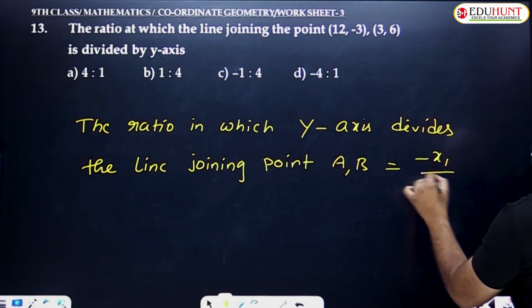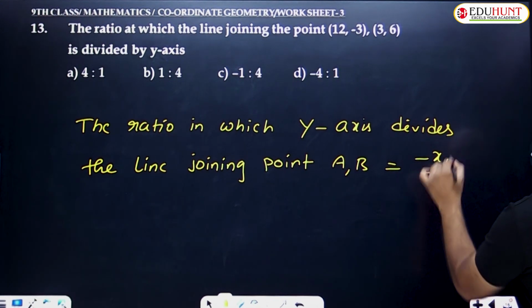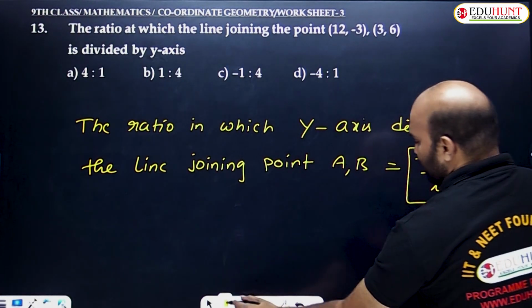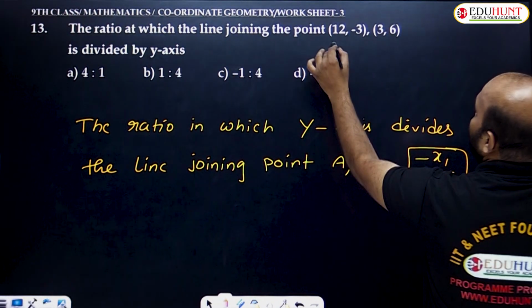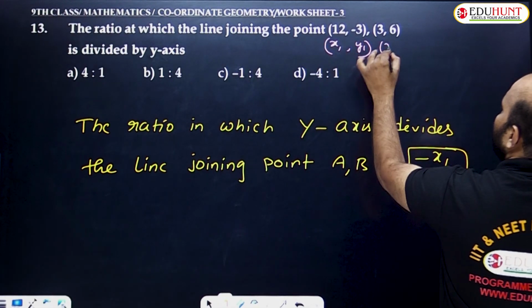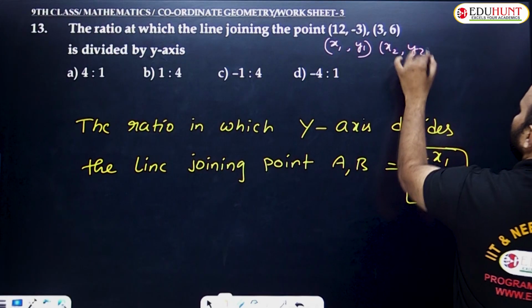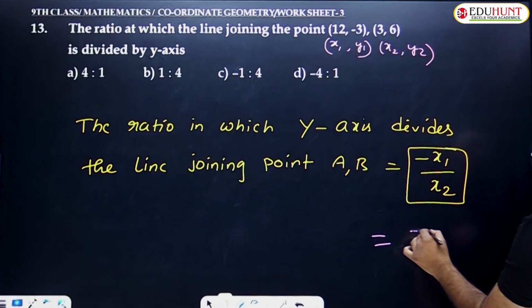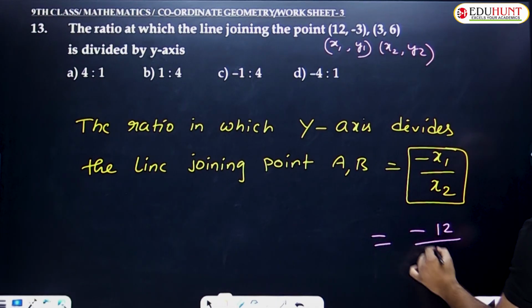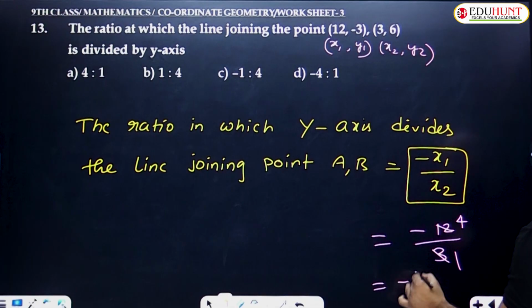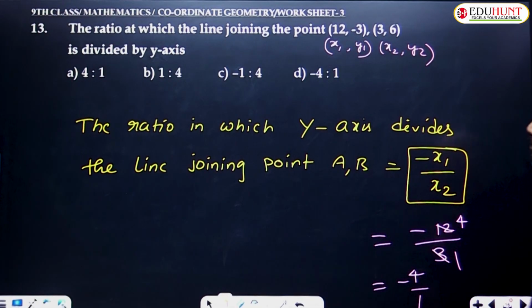Minus x1 by x2. This is the formula. Here the line joining points, the first is considered as x1 comma y1 and the second coordinates as x2 comma y2. So minus x1 by x2, minus x1 nothing but 12 by x2 3. So 3 1s are 3, 3 4s are 12. What I am getting is minus 4 by 1, nothing but minus 4 is to 1.